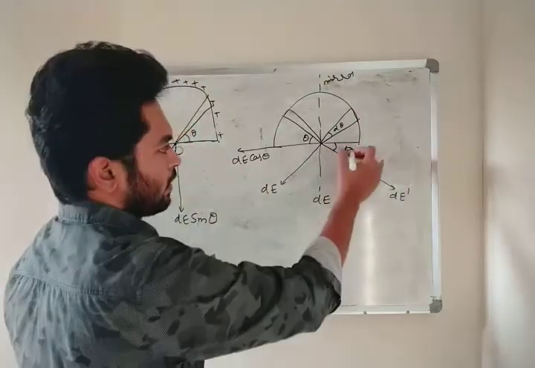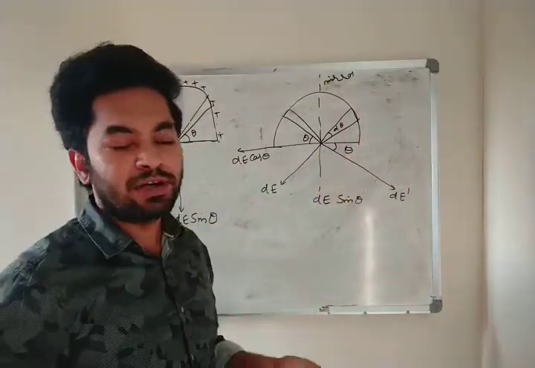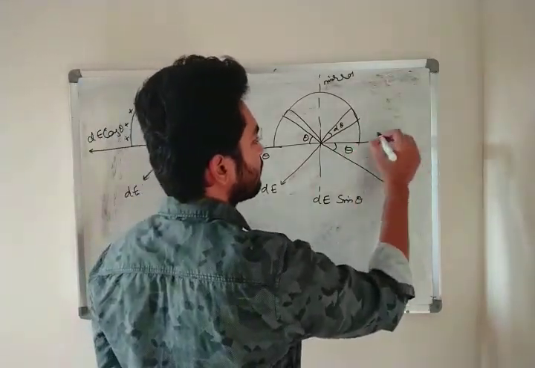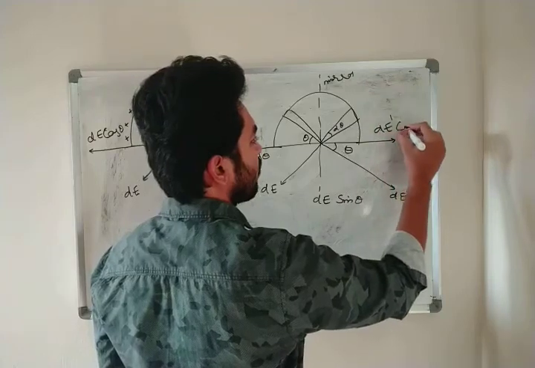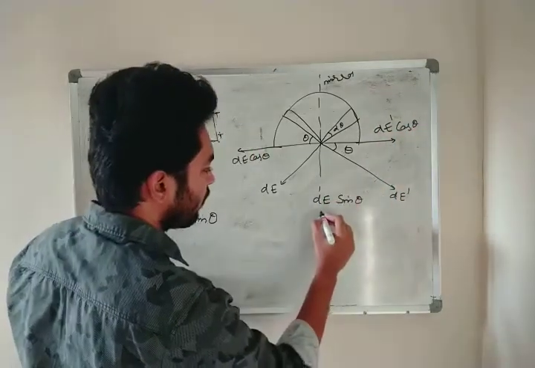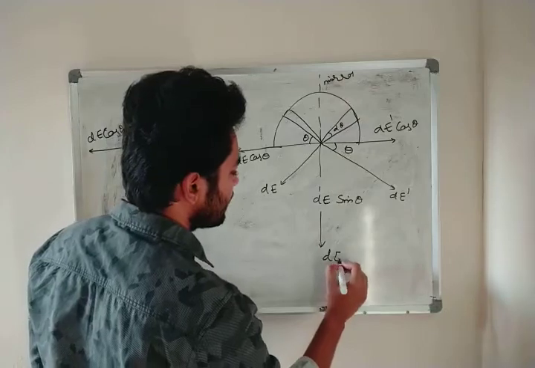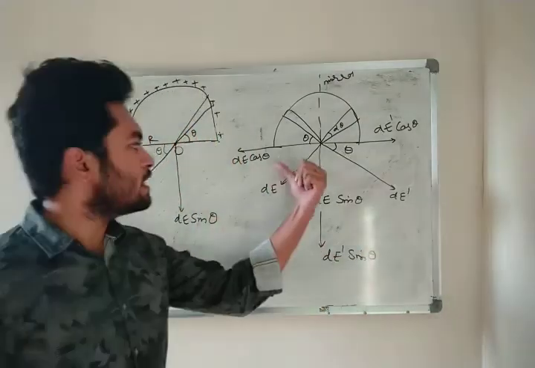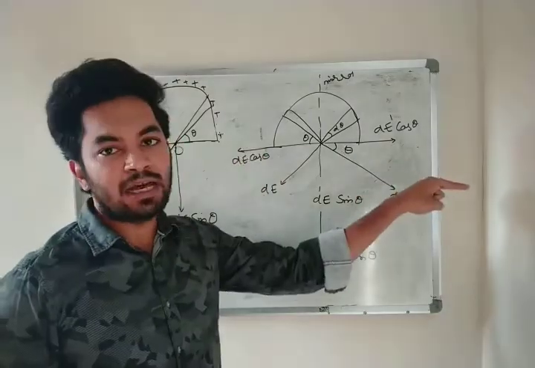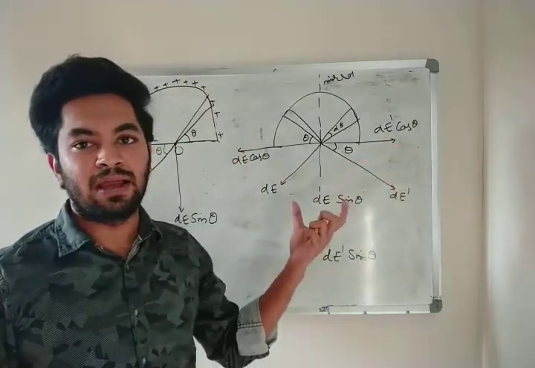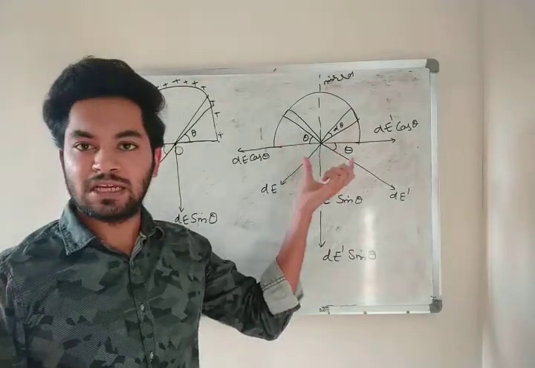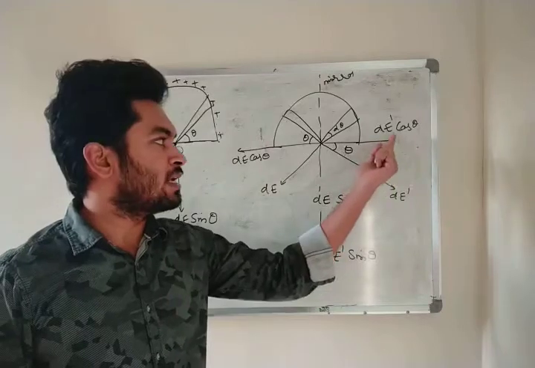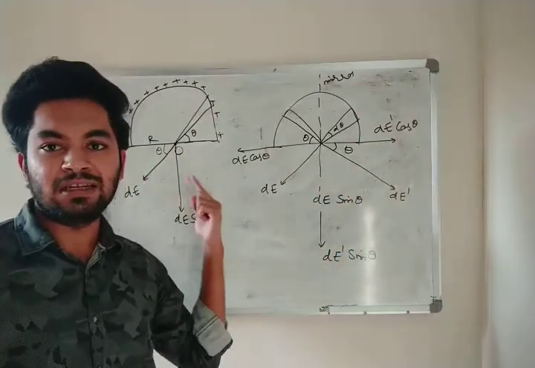Now again I have to resolve it into components. Towards the angle it will become dE dash cos theta, and downwards it will be dE dash sin theta. Now what you can see is dE cos theta and dE dash cos theta get balanced because they are opposite in direction, so they both get cancelled.